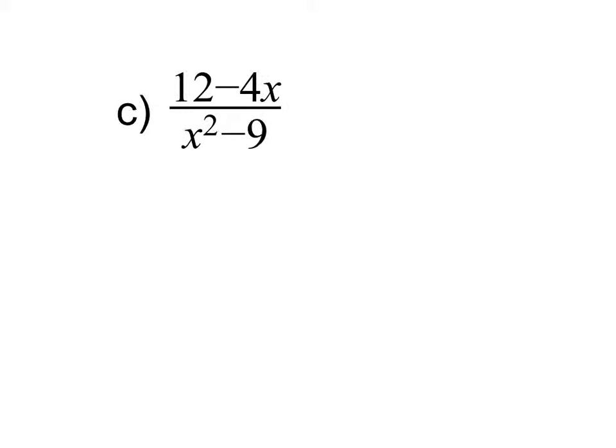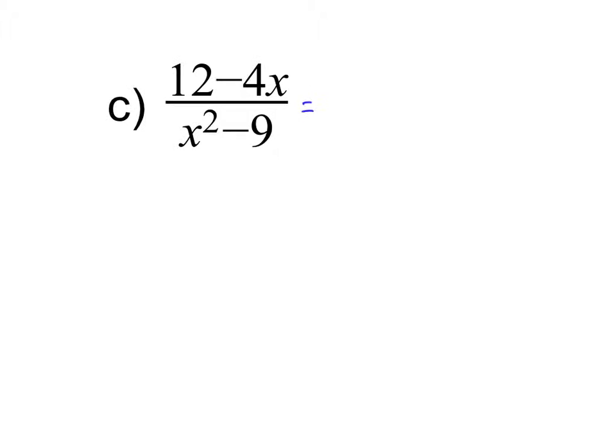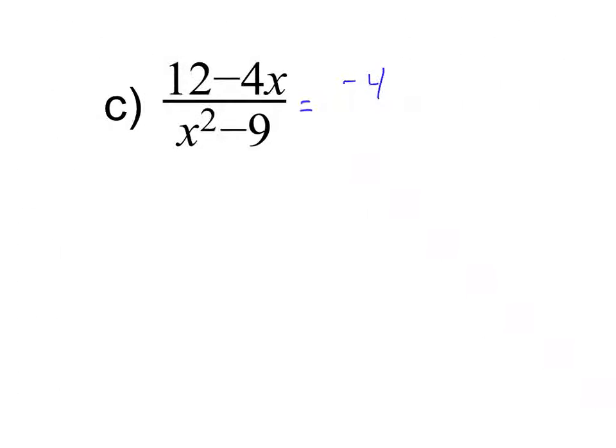What I'm going to do is reorder my numerator to be in standard form. So my numerator is going to be negative 4x plus 12 over x squared minus 9. Now, what can I do to find the greatest common factor in my numerator?